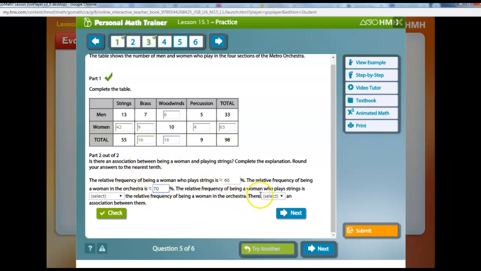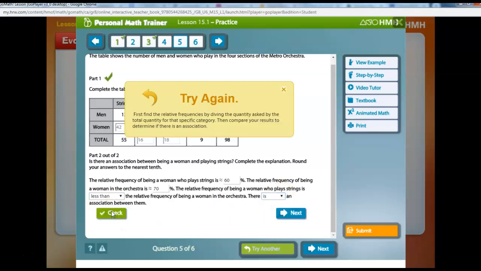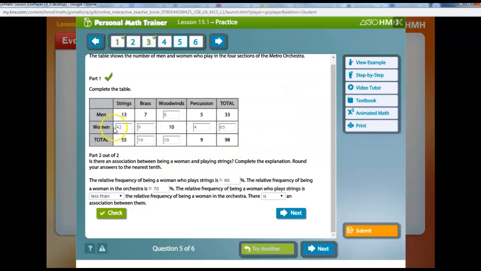The relative frequency of being a woman who plays strings is less than the relative frequency of being in the orchestra, so there should be an association because it's less. Let me check: first I find the relative frequency by dividing the quantity asked by the total quantity for that specific category, then compare the results. I was wondering if instead of 42 out of 65 we do 42 out of 55.